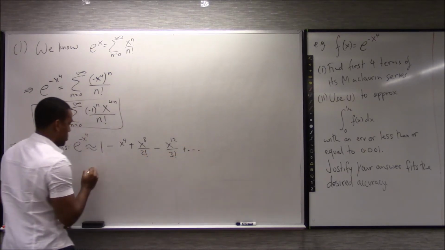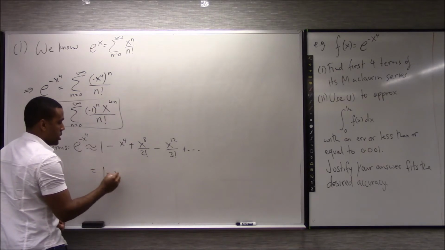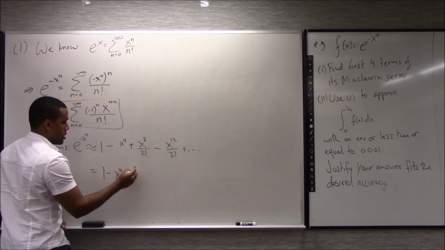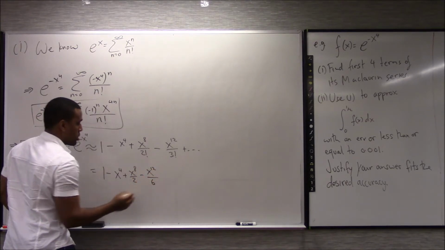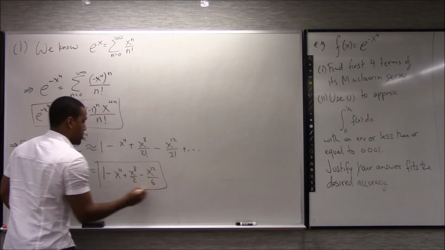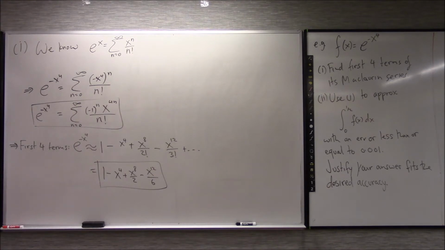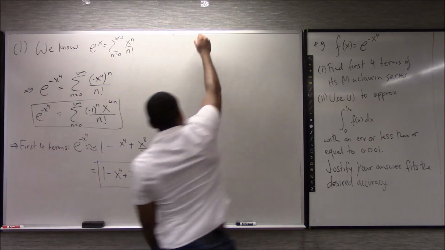Plus dot dot dot. Or this is 1 minus x to the 4th plus x to the 8th over 2 minus x to the 12th over 6. So that's the first 4 terms of its Maclaurin series.